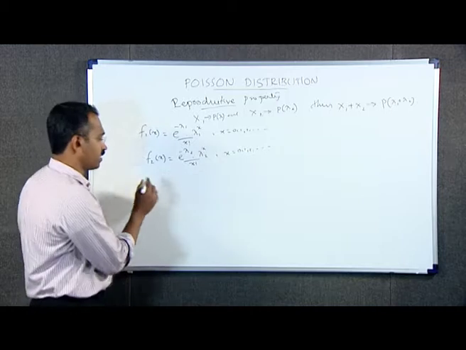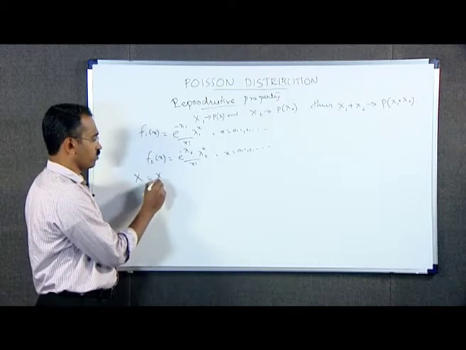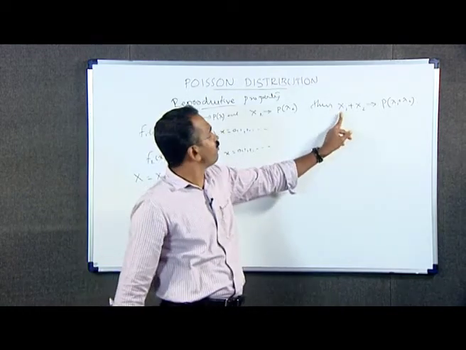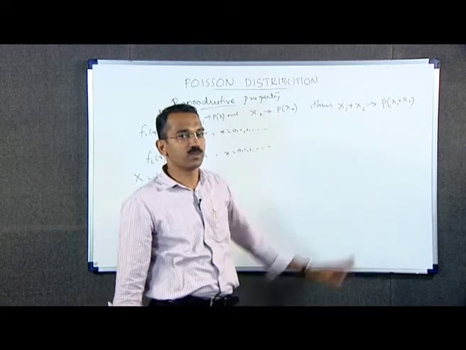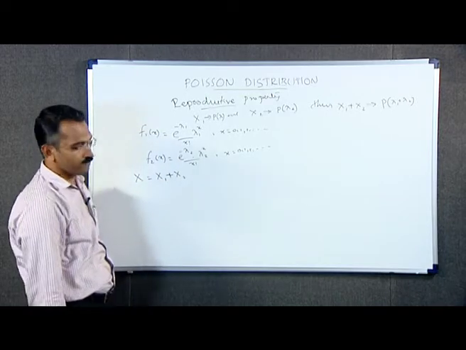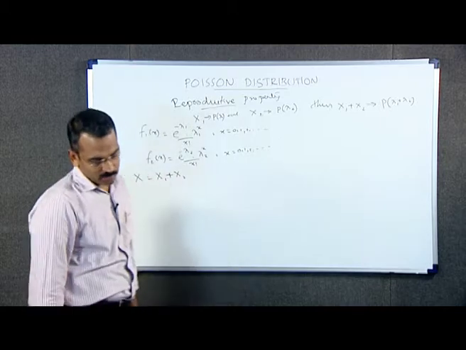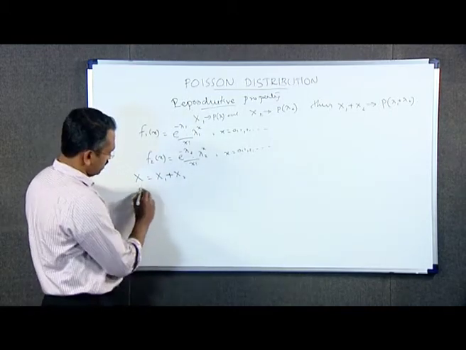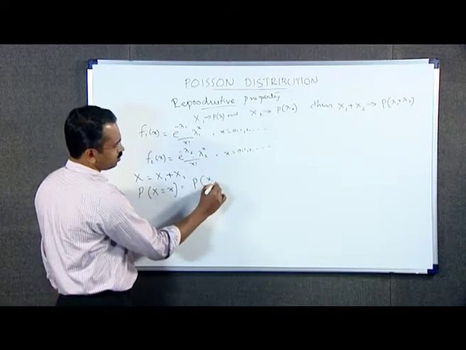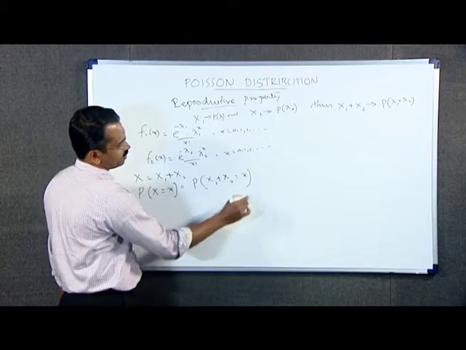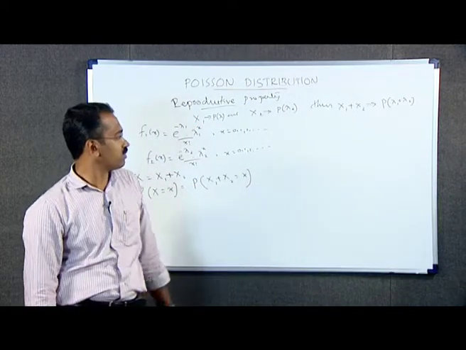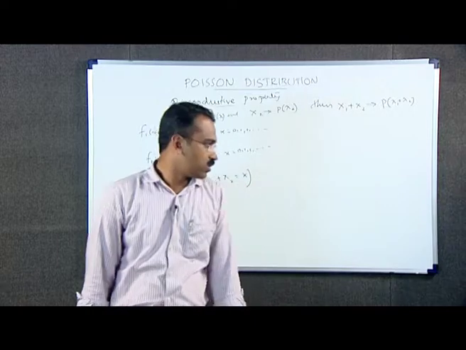Now, we set x as x1 plus x2. We want to find the probability function of this x1 plus x2. We put x equal to x1 plus x2. Now, the probability of X equal to x means the probability that x1 plus x2 is equal to x, where x is a positive integer from 0 to infinity.